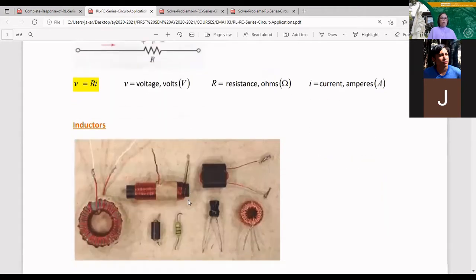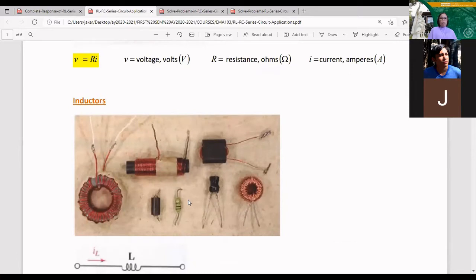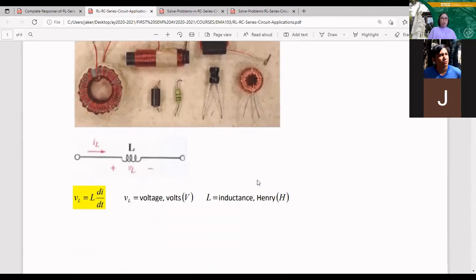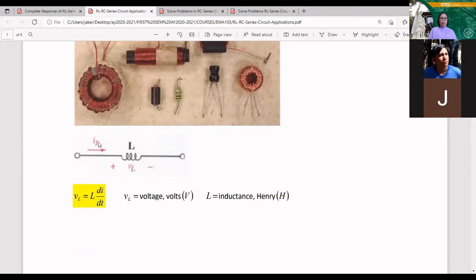Now, another circuit element that will be present in our circuit is the inductor. You can see here a different representation of the inductor, and in your circuit it could be represented by this one.